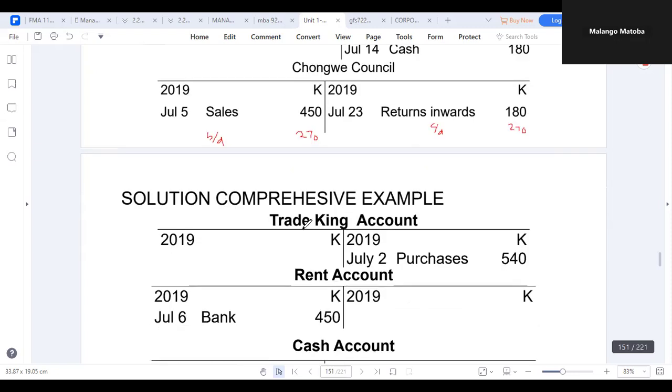We have Trade Kings with a credit balance of 540. Who's Trade Kings? Trade Kings is a creditor. So we go creditor, 540. But we may have another creditor like Toyota.